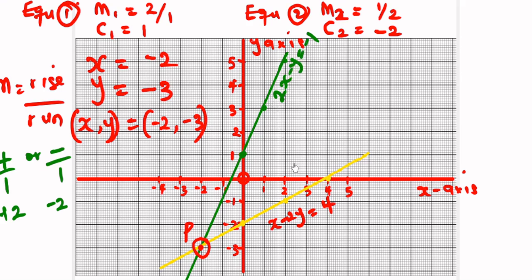So this is for equation 1, this is for equation 2. Label it, circle where they meet, then you can give it a letter, maybe P, A, B, C, whatsoever. Then you write that the solution of this graph is x is this and y is this. And you should always remember to check your answer. Always check if it actually satisfies the equation given.